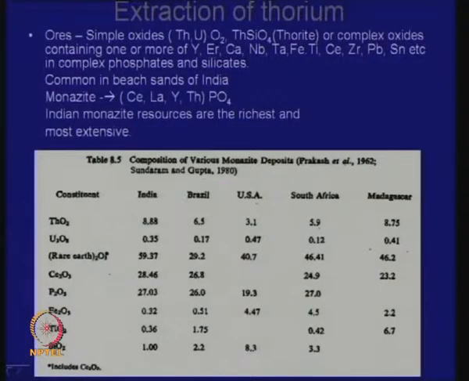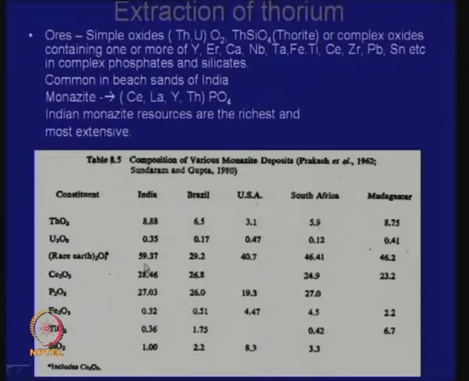Now, here is a table which gives the composition of various monazite deposits in different countries. These are the countries: India, Brazil, USA, South Africa, Madagascar, and these are the main countries. You will find in our monazite the thorium content is very high, U3O8 is low.